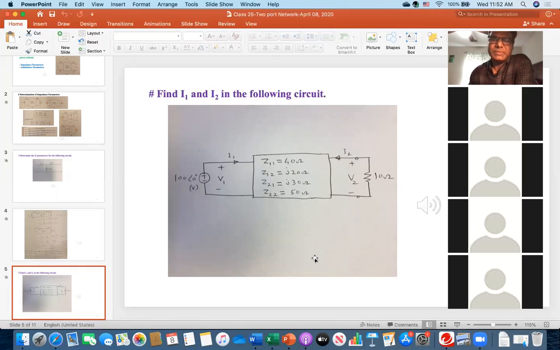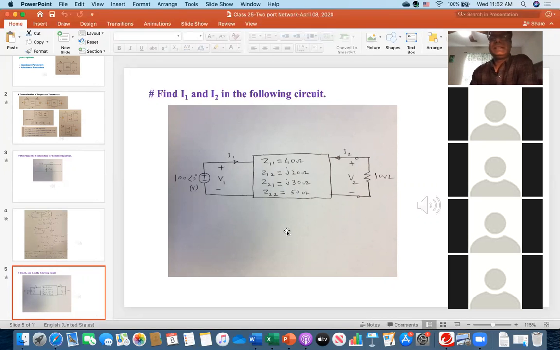Among them, 3 are from magnetically coupled circuits, and the rest 2 are from this chapter, two-port networks. In the homework, there is a diagram similar to this one in this slide, I think problem number 4. So if you understand this now, you are ready to solve those 2 problems.